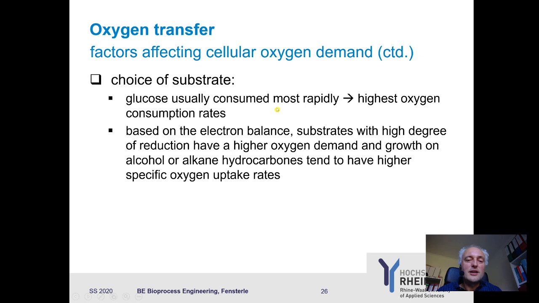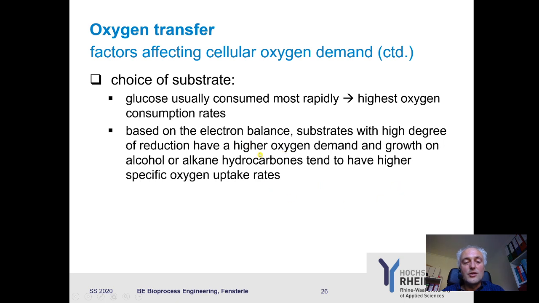Okay. Now, another thing which is affecting your oxygen transfer is the choice of the substrate. So if you use glucose, this is usually rapidly consumed, so the consumption rate of glucose is high, and therefore also the oxygen consumption rates are high. This is logical. If you use a substrate which is not metabolized as fast as glucose, you will also have a reduction in the rate of oxygen consumption. I already said that a high degree of reduction will have a higher oxygen demand.